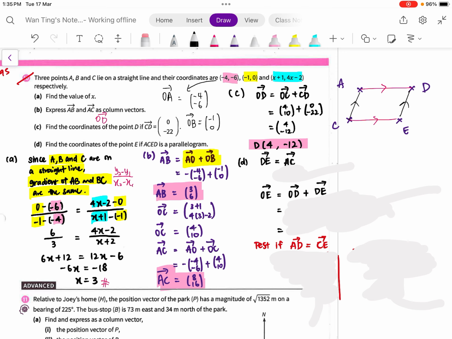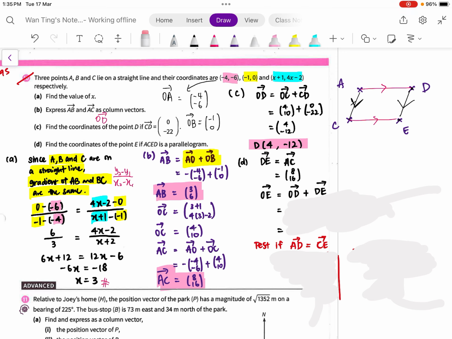So DE is parallel to AC. From point D to E is equal to the point A to C. So with that, DE is (8, 16).